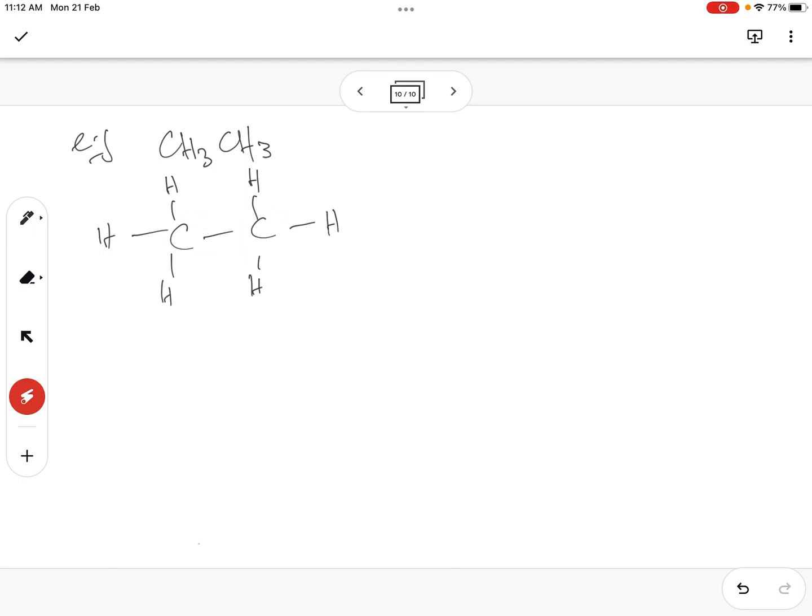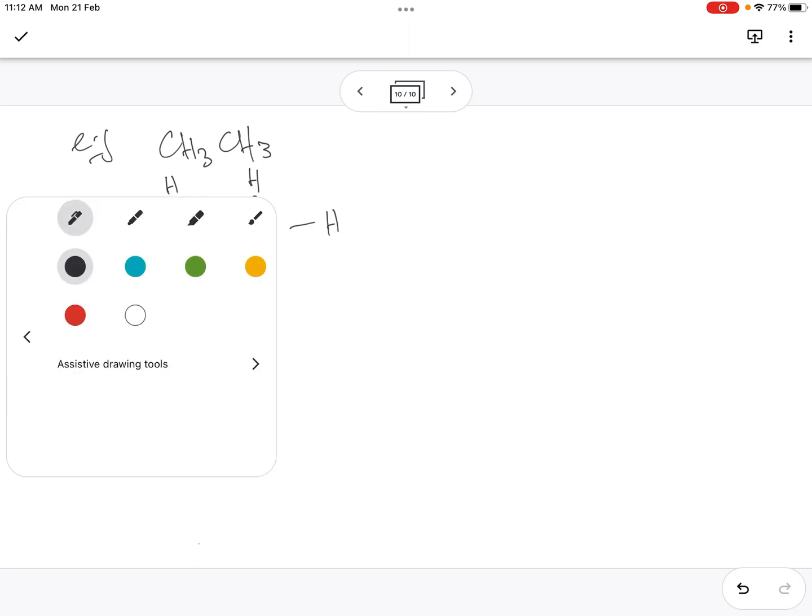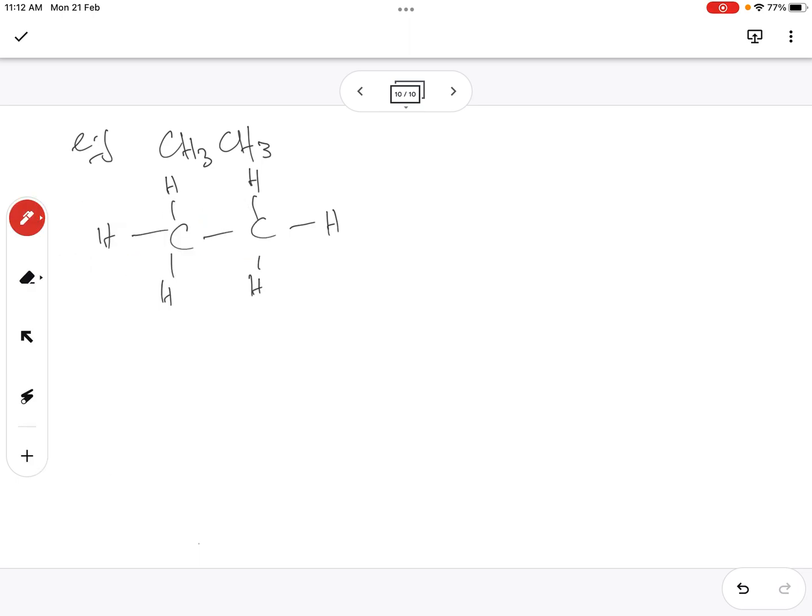And another important thing is, the electronegativity of carbon atom and hydrogen atom is almost similar. That means homolytic cleavage can occur here, and it can also occur here. There are two possibilities of homolytic cleavage.